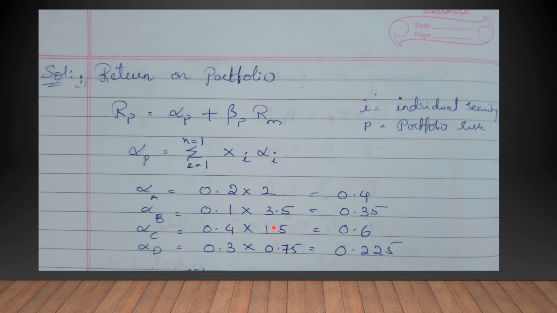So 0.2 into 2, 0.1 into 3.5, 0.4 into 1.5, then 0.3 into 0.75. By doing the product of these values, you are going to get these returns for the individual securities.